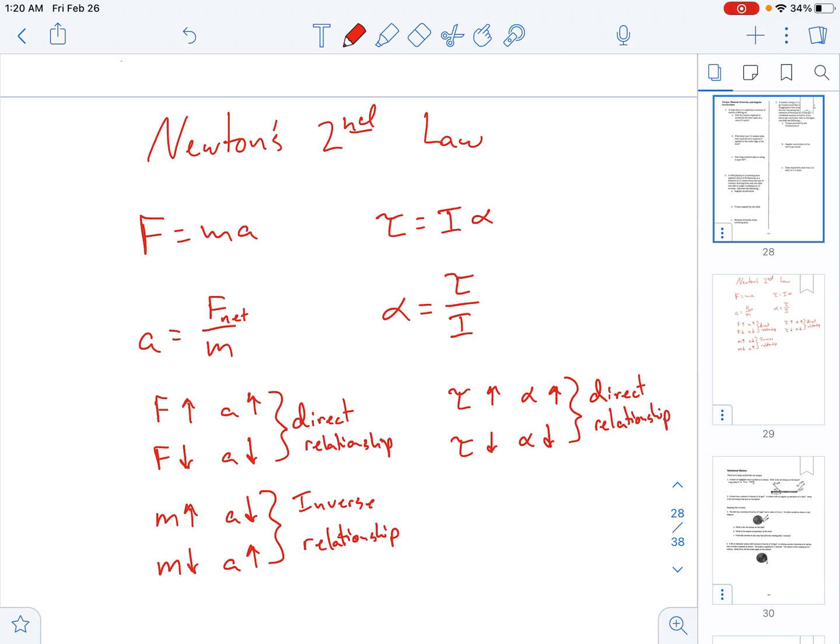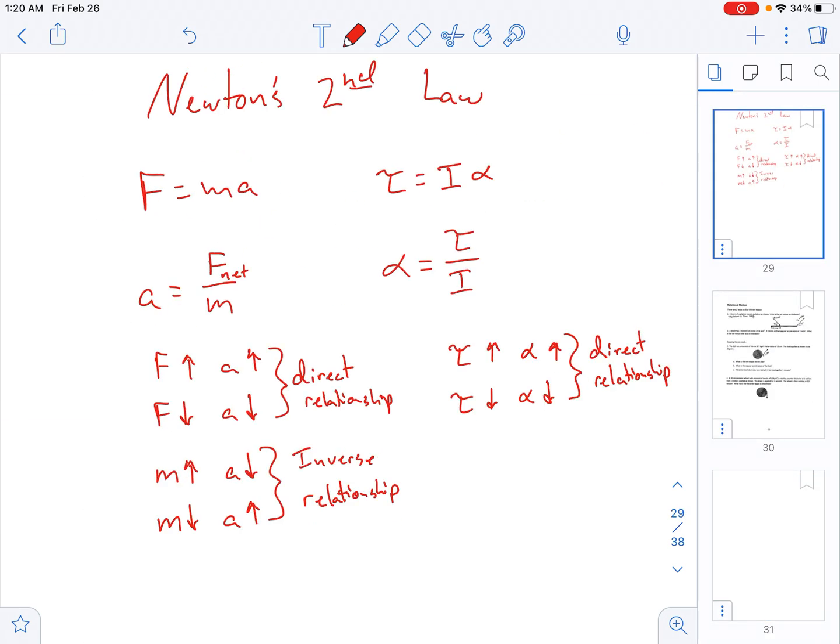And just like with Newton's second law of linear motion, in Newton's second law of rotational motion, if our rotational inertia goes up, our alpha were to go down, and if our rotational inertia were to go down, our alpha goes up. Showing again, just like in linear, they have an inverse relationship.